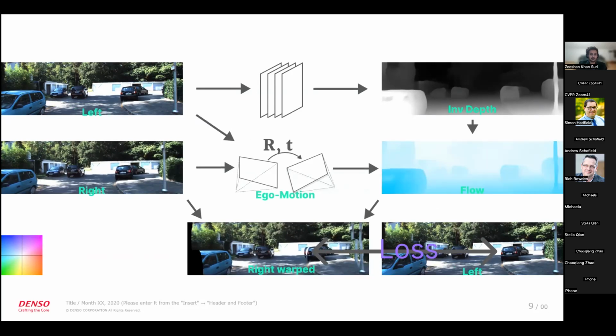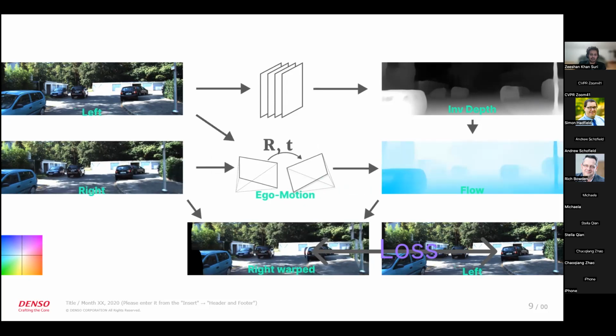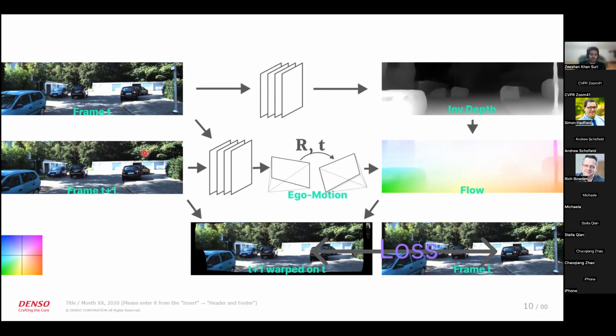So from this stereo setting, what changes in a monocular setting, which was proposed by SfM Learner, is that previously you had known poses between the left and right image. This ego motion was already known, but in a monocular setting, since we don't have a stereo setting, we are just using frames at different timestamps.